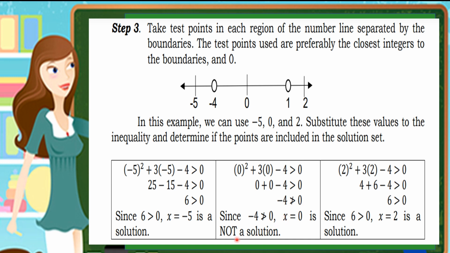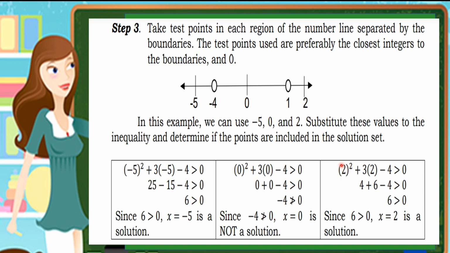So, therefore, class, since -4 is not greater than 0, therefore, 0 is not a solution set. So, ibig sabihin, lahat ng nasa gitna, itong -4, -3, -2, -1, 0, and 1 are not the possible values or not the values of the inequality.